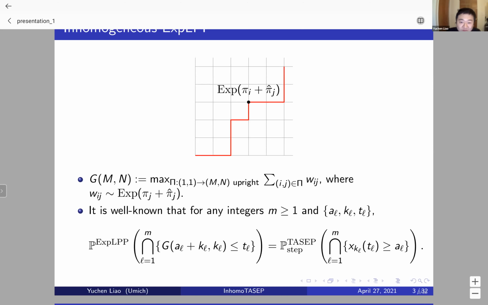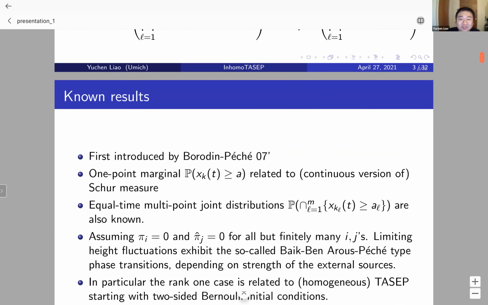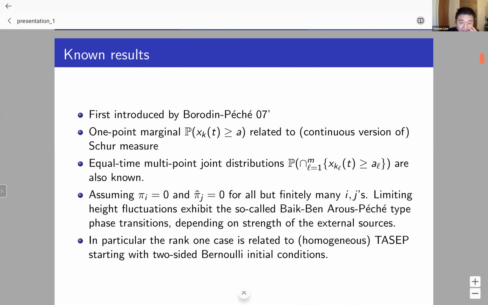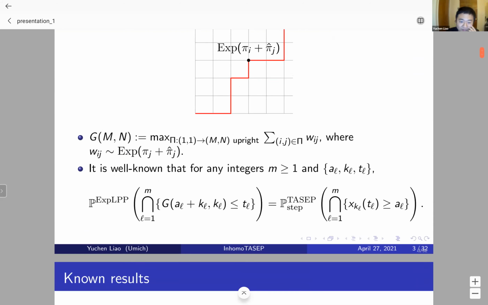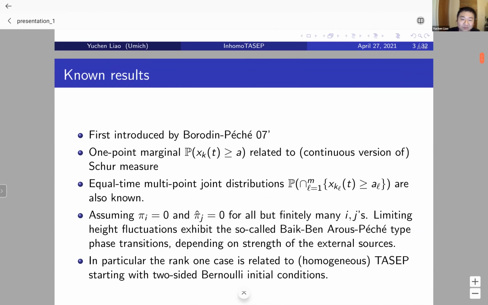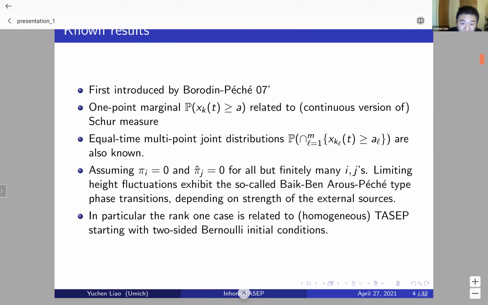So that's the model, very simple, and almost everything is known for this model except the thing I'm discussing today. This model in this generality was introduced in 2007 by Borodin and Péché, and it is well known that the one-point marginal of the last passage time, if you consider a single last passage time, is distributed the same as the largest eigenvalue of some complex Wishart matrices, and it is essentially a Schur measure, of course a continuous deformation of it, depending on two sets of parameters.